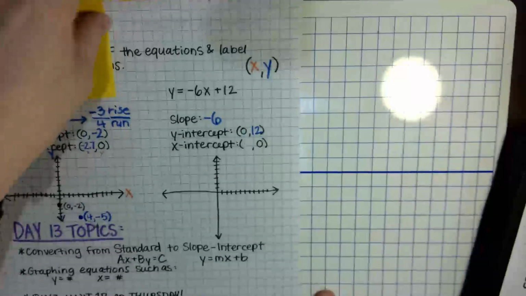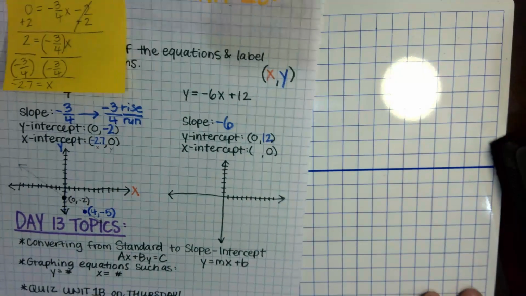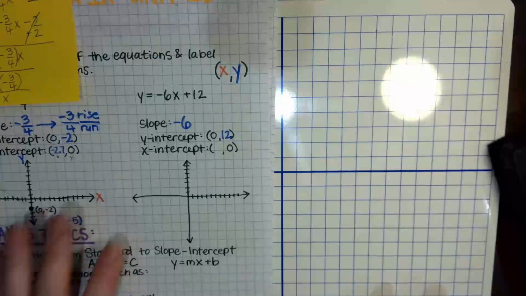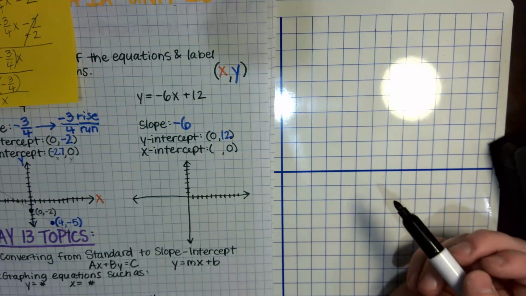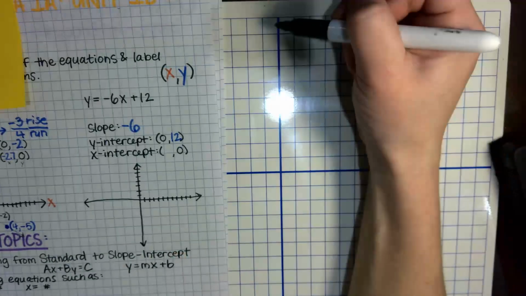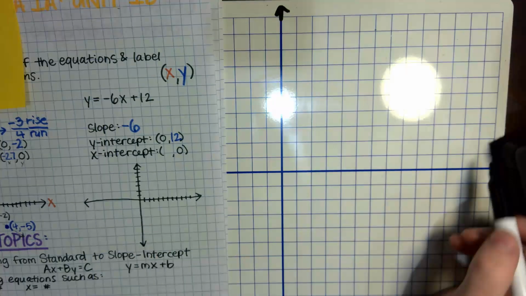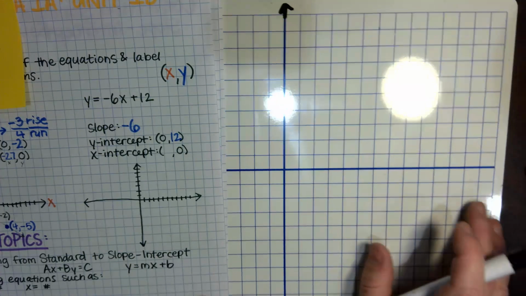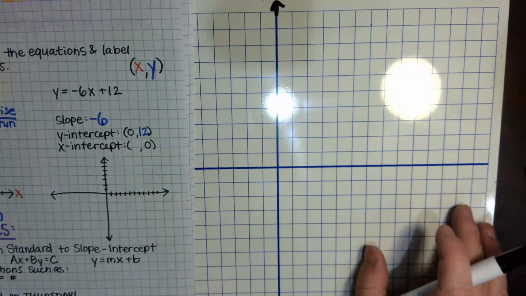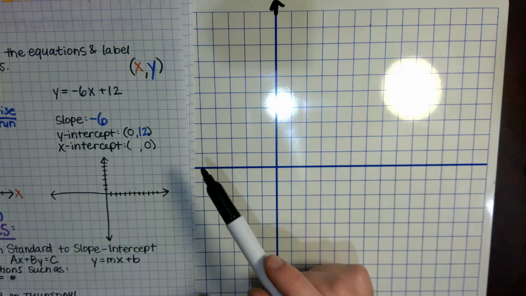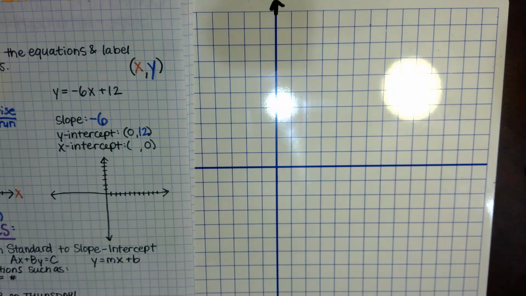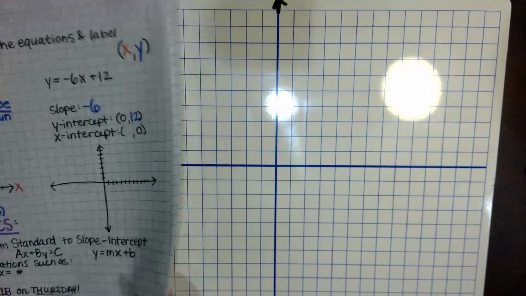We found that our slope was -6 and our y-intercept was the coordinate 0, 12. What is our first step to graphing this? Get your -6 on there. So we are going to use that -6 for slope, but let's look back at the first problem.